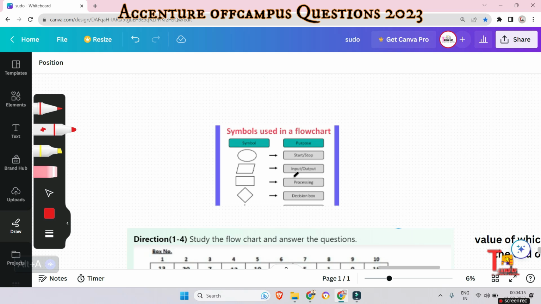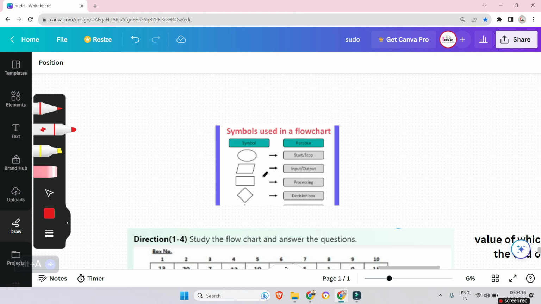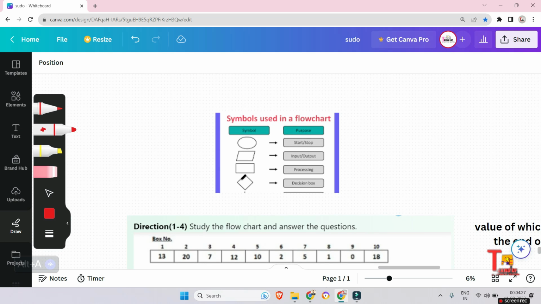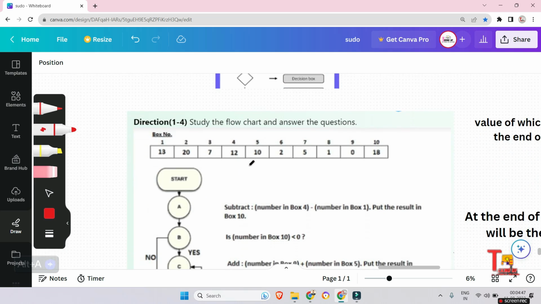And the rectangle is used to process, and sometimes it also acts as an action. And the rhombus or diamond represents a decision point where a choice must be made, right? So let's go to our first question.